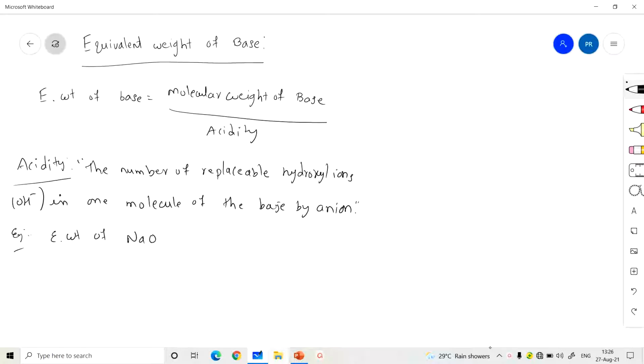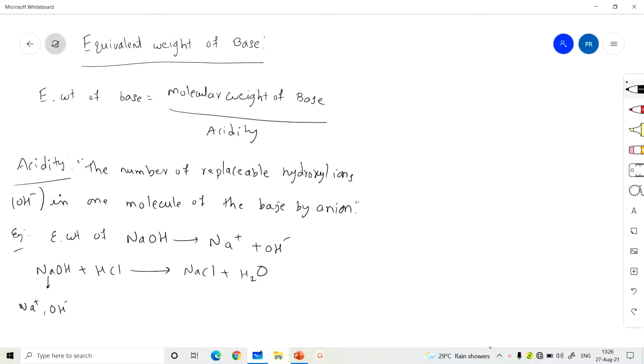If they ask to calculate the equivalent weight of sodium hydroxide, what is that? Sodium hydroxide is dissociated as Na plus, OH minus. When NaOH reacts with HCl, it leads to the formation of NaCl plus H2O.